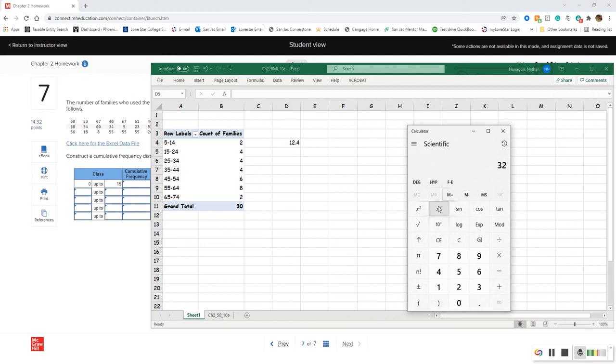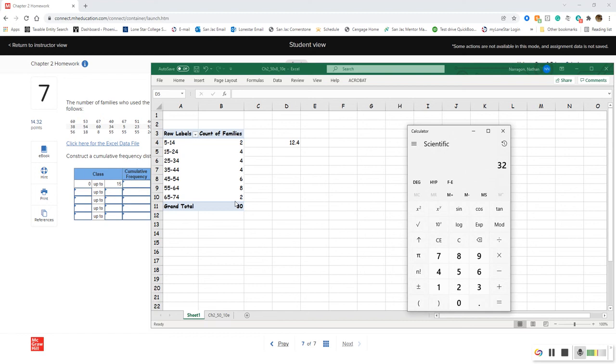Alright, so we know our interval is about 12.4. That's fine and dandy. Is it the best? No. We know 10 did not get us to 5. It's 1, 2, 3, 4, 5, 6, 7. So all we need to do is increase it a little bit.